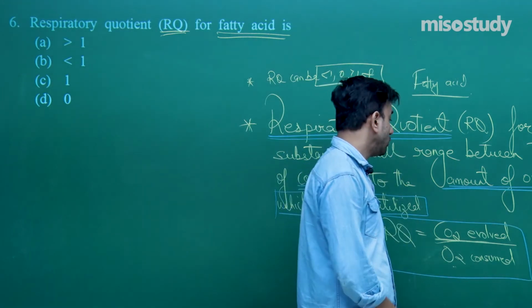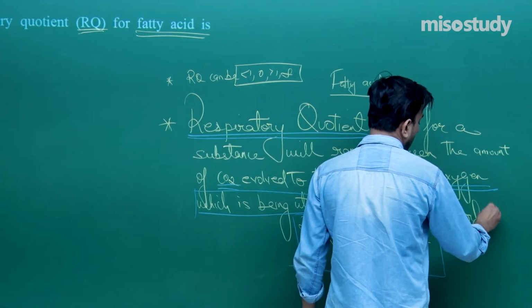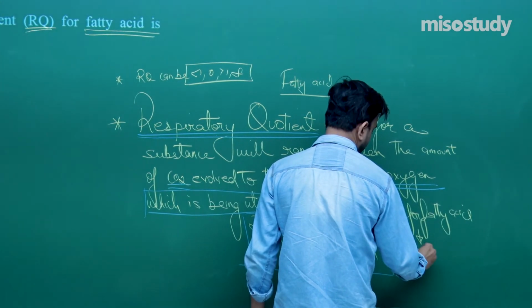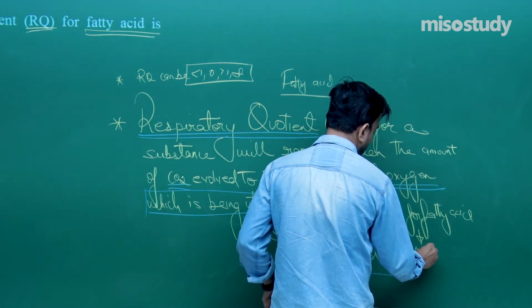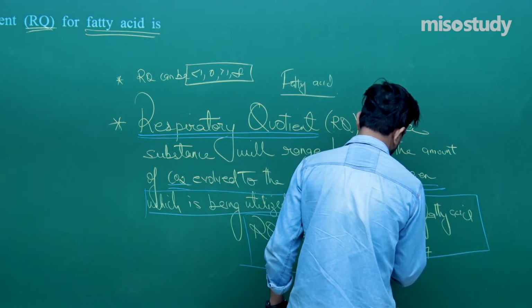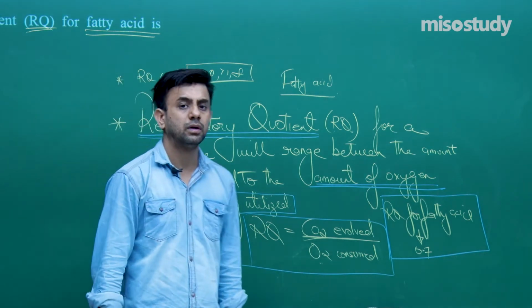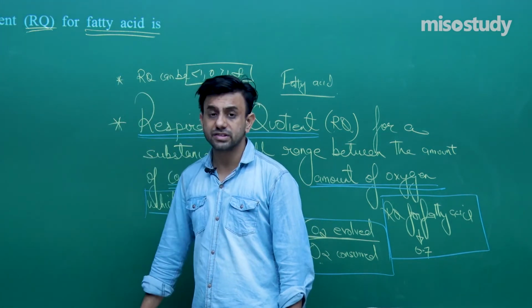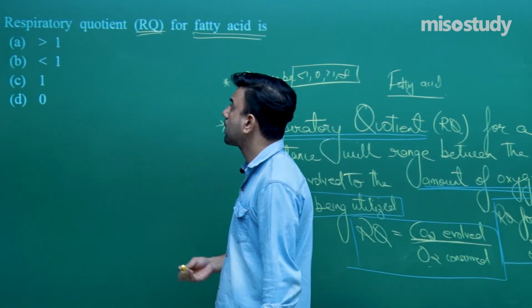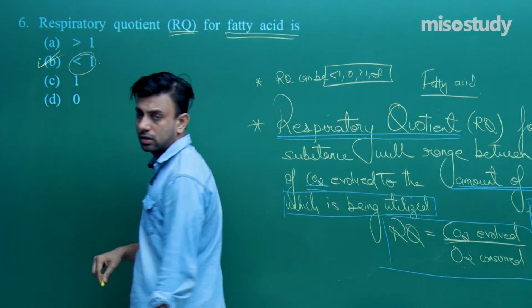Hence the RQ for fatty acid will be somewhere around 0.7, which is less than 1.